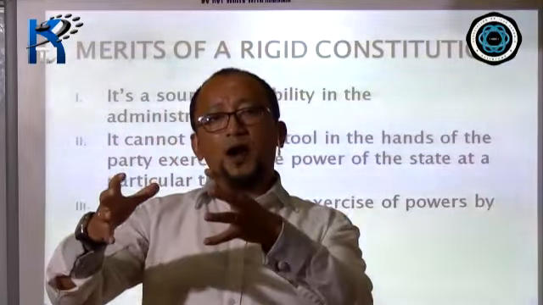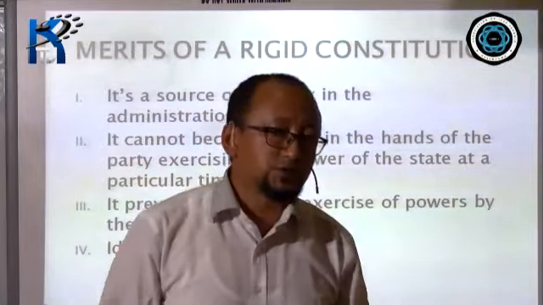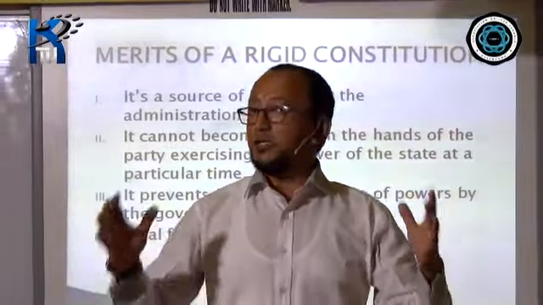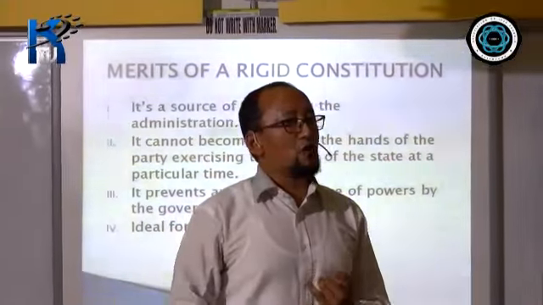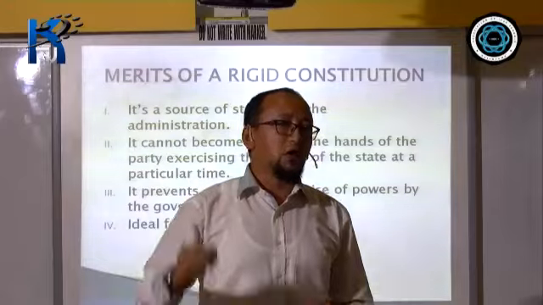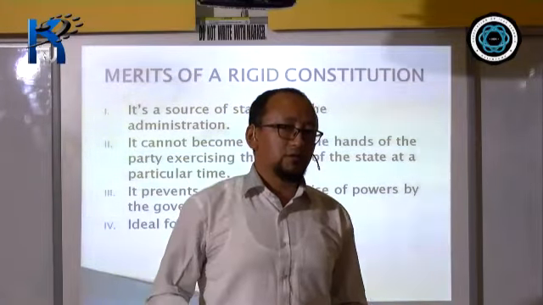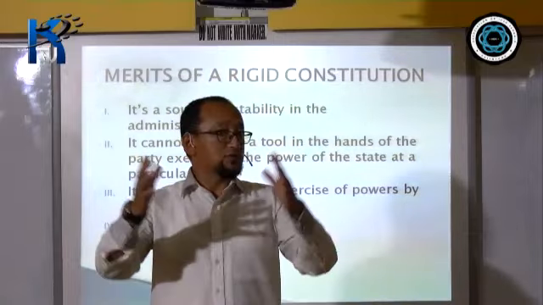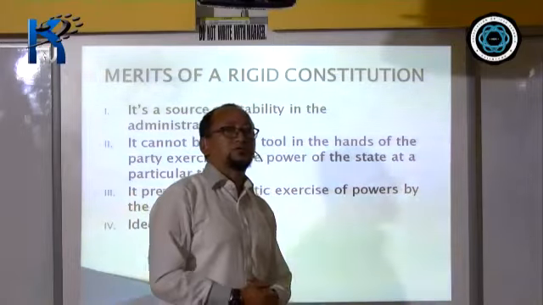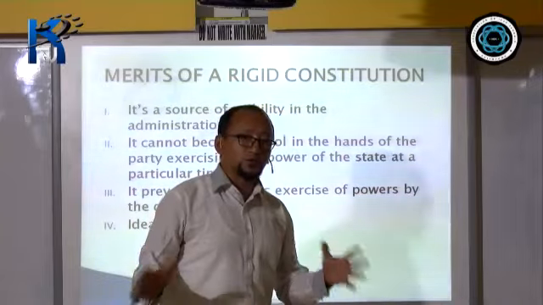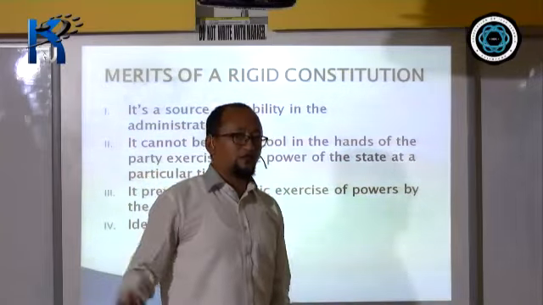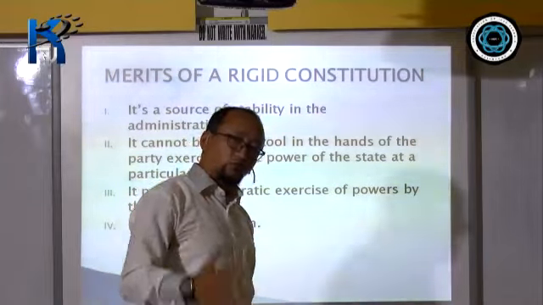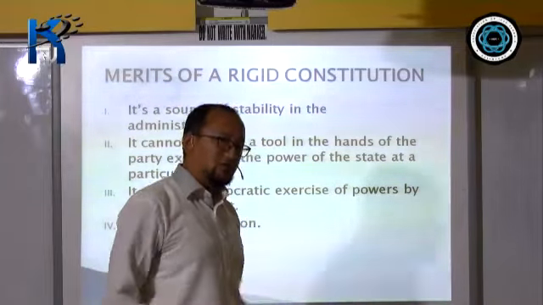The party in power, the government, they cannot misuse power because they will always have to work according to the constitution, according to the rules and regulations of the country. They can't say my way or the highway. So very important, please children, the party in power cannot misuse. They can't rule by their whims and fancies because they always have to work according to the constitution or the set of rules and regulations of the nation.